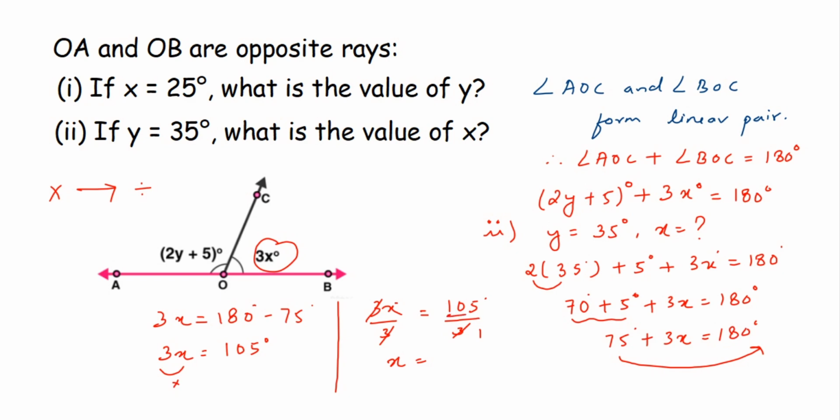Let's take 10. 3 threes are 9. What is the remainder? 10 minus 9 is 1. 1 is the remainder, and you write that 1 along with 5. Now we have 15. 3 fives are 15. So we get the x value as 35 degrees. So here the y value is 35 and the x value is also 35 in the second question.